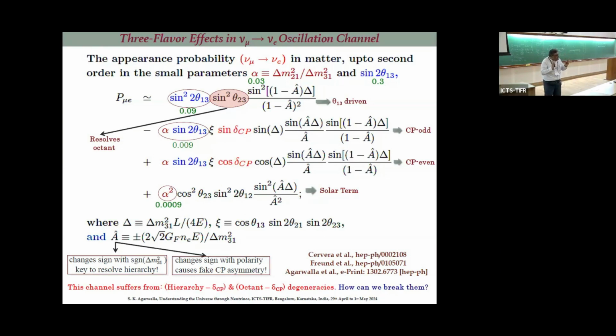If matter effect is 0, this term is 0. And if A hat is 0, you are not sensitive to whether this is positive or negative because it is gone. That's why in the beginning I told you matter effect is the key to resolve the mass ordering problem.